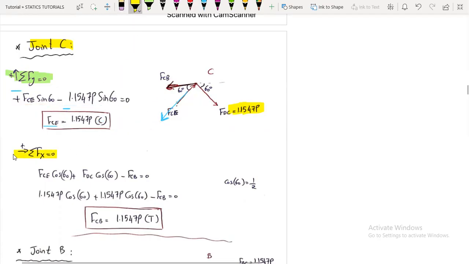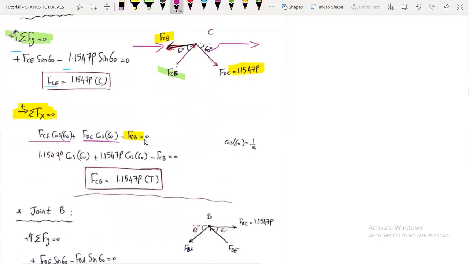Now taking the summation of Fx, we have minus FCB, and here we have assumed it from the beginning to be a compression force. So here FCE cosine 60 positive. And regarding this force, the horizontal component is FDC cosine 60 positive.